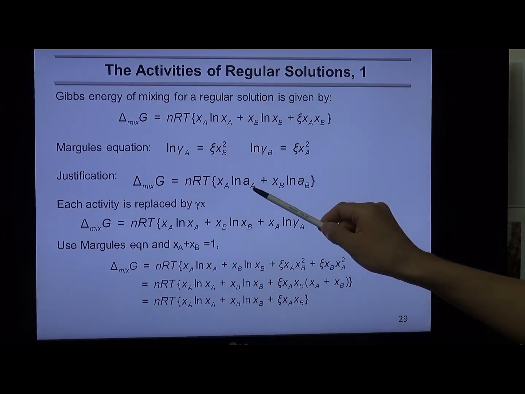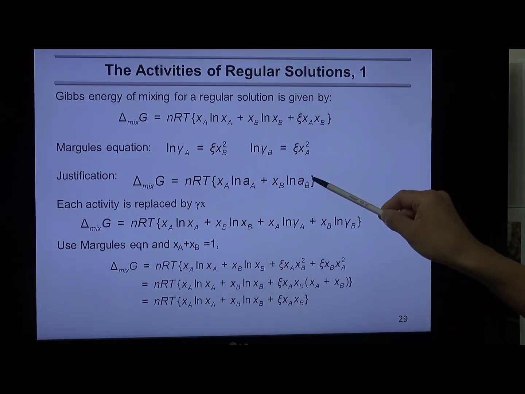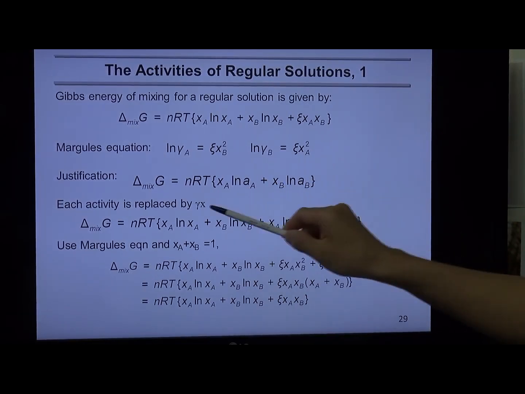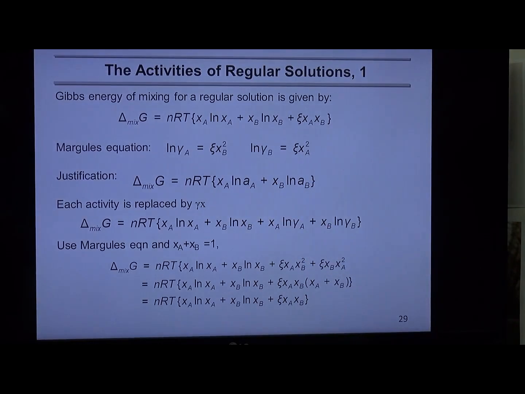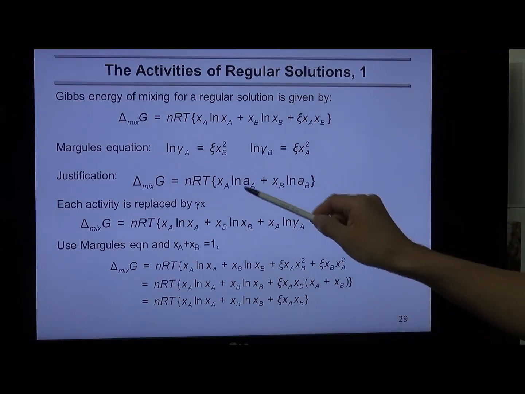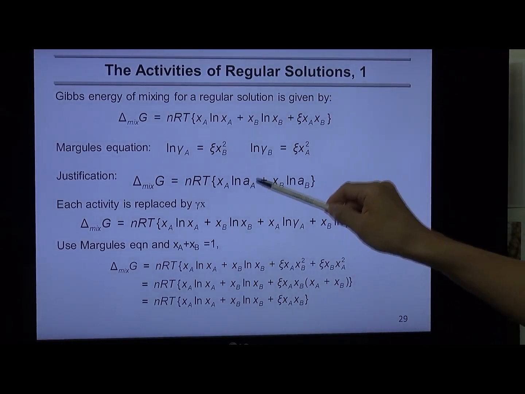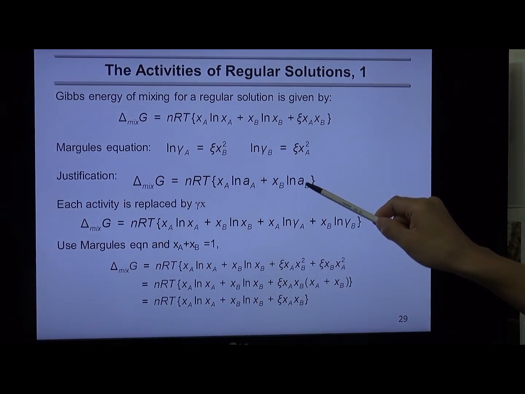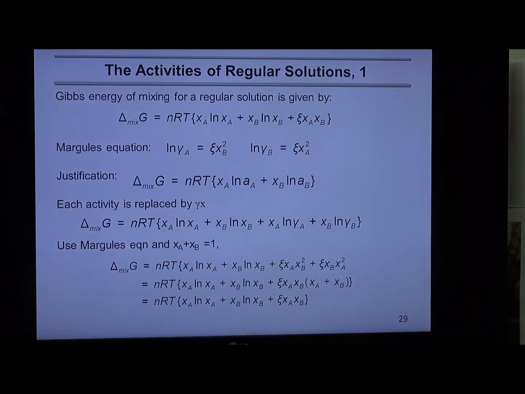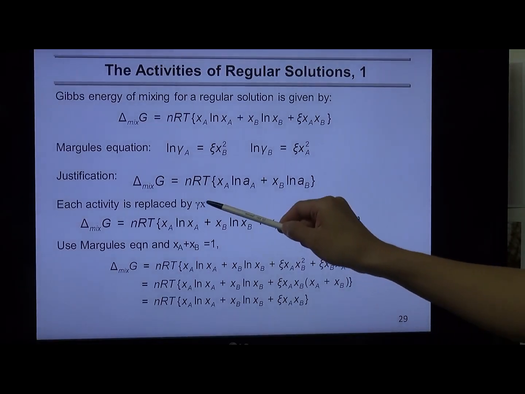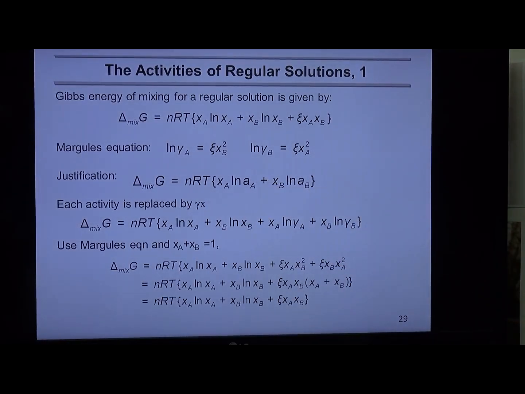And activity is defined as gamma X. AA is equal to gamma A XA, AB is equal to gamma B XB. So if you put gamma X into these two activities, then you get this expression.